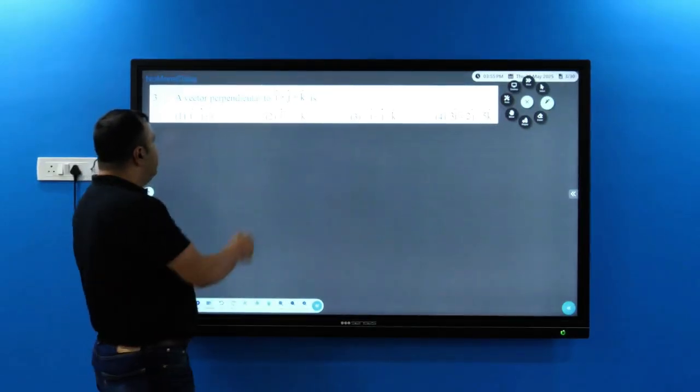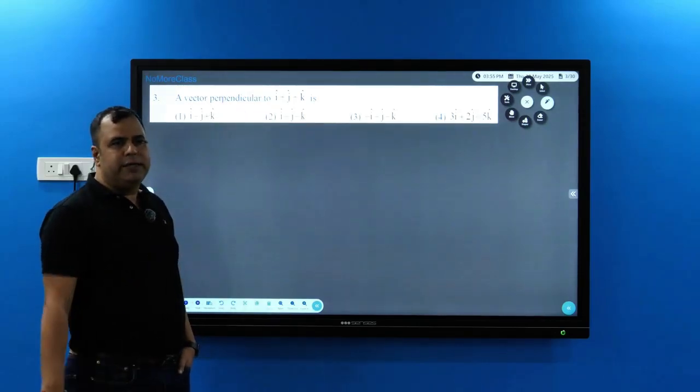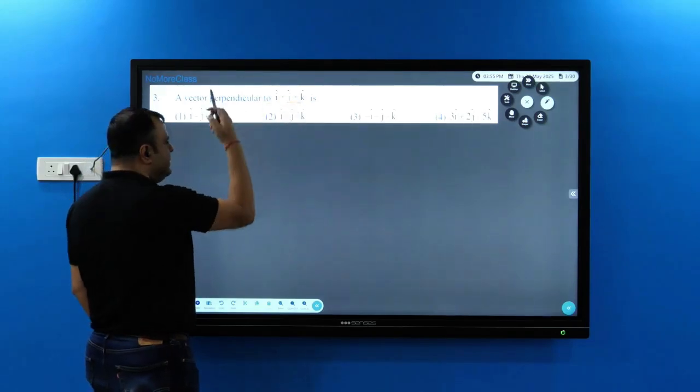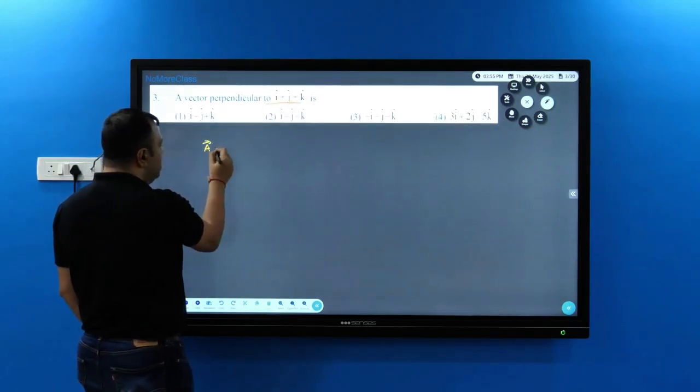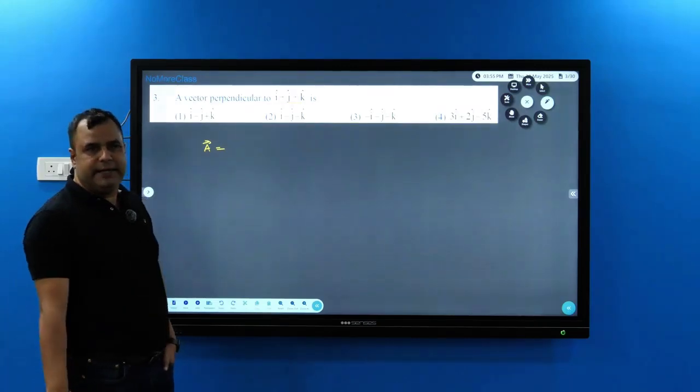Whenever somebody talks about perpendicular, the easiest way to know about it is the dot product. So the vector which is perpendicular to this, let's say that vector is A vector. Vector A is perpendicular to this i cap plus j cap plus k cap.